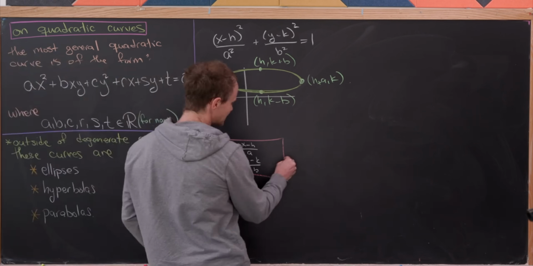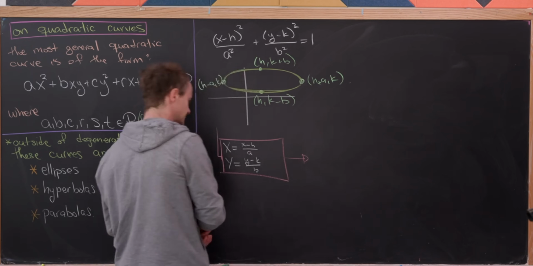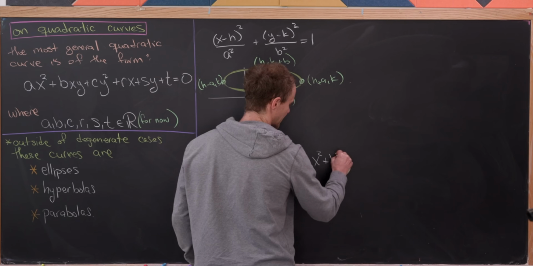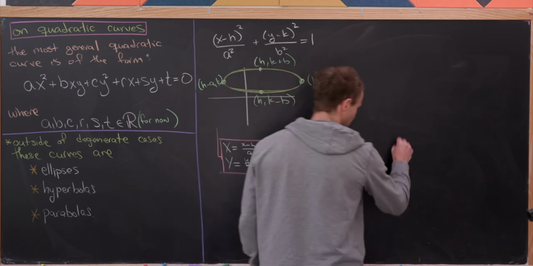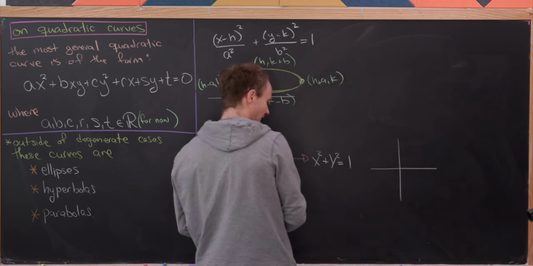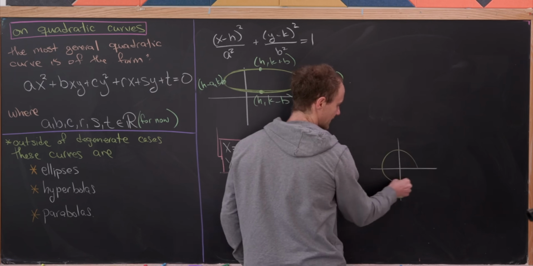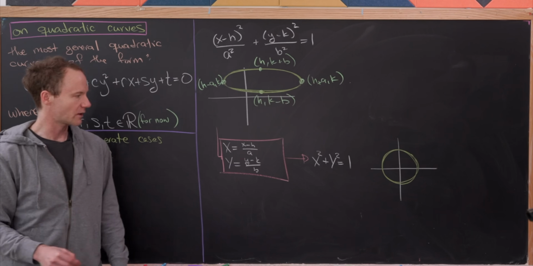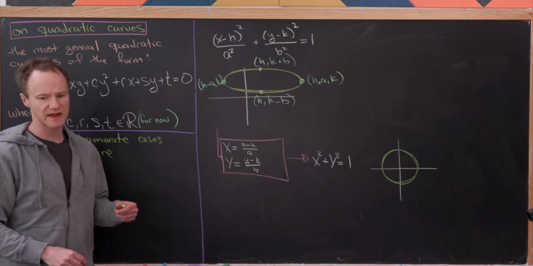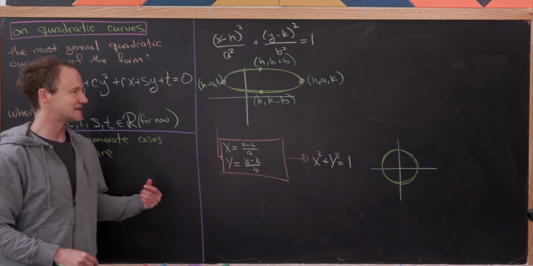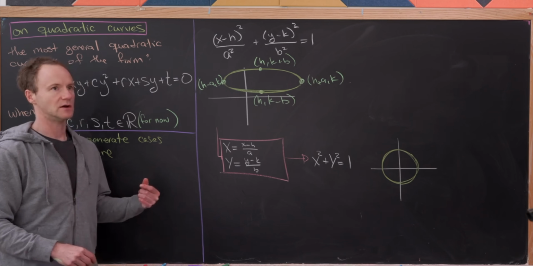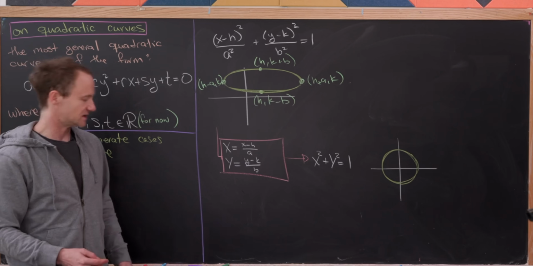Okay, so that's going to give me a new set of equations, but I think it's pretty easy to see that the new equation is capital X squared plus capital Y squared equals 1. So what we have here is simply the unit circle. Okay, so I think this motivates that the nicest ellipse can be transformed into the unit circle.